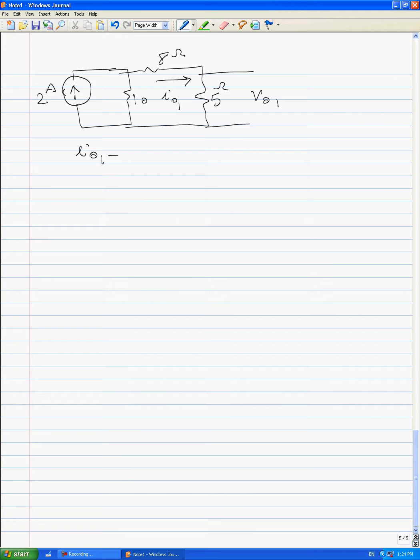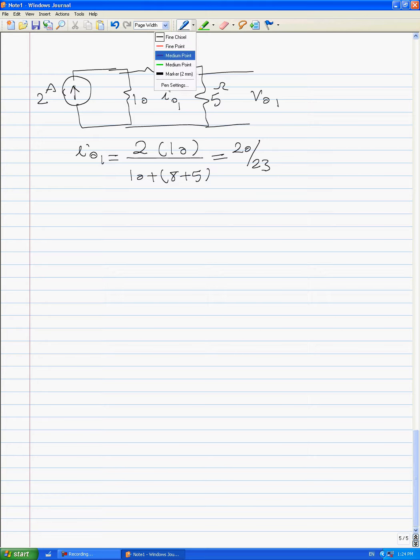I out 1 is equal to 2 divided by 10 plus 8 plus 5, times 10. This is I out 1 equal to 20 divided by 23, and immediately we can find V out 1.